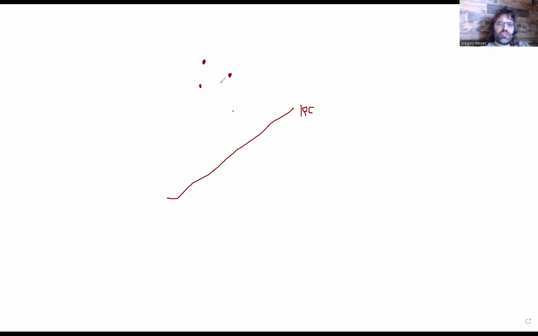And the first principal component is a line that you draw so that when you orthogonally project your points onto that line, the projections are as spread out, are as varied as possible.